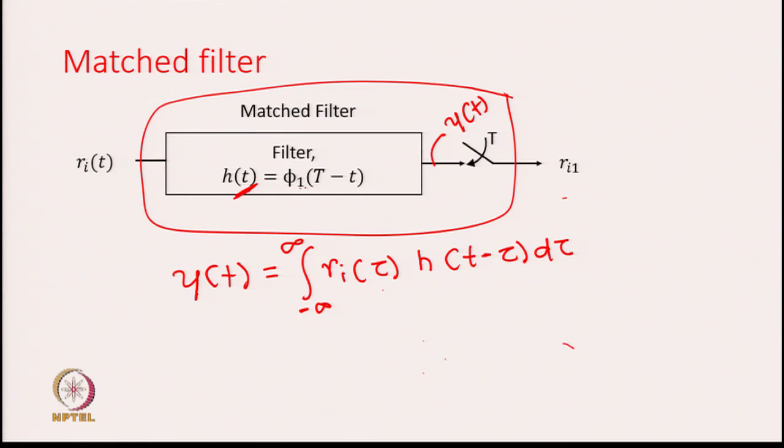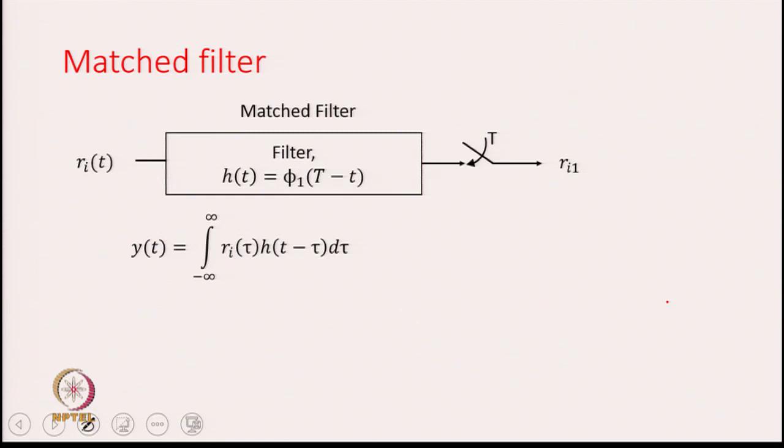Now, we know that h(t) is this. So, h(t minus tau) is obtained by replacing t with t minus tau. Okay. So, I have already done this.